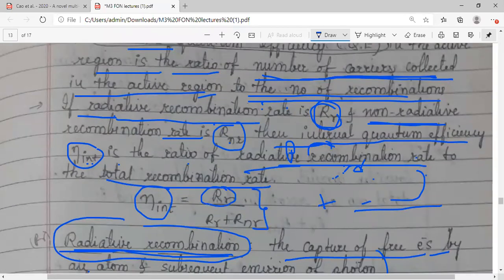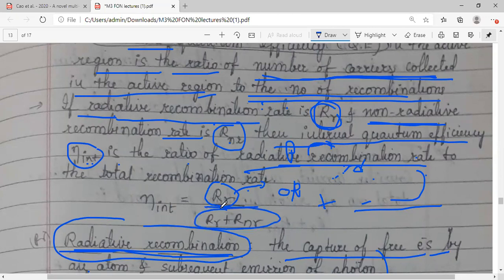How many recombinations are taking place in the active region and how many are emitting photons, how much light is emitted, that is your output. Light is the output divided by the total, which may be light or heat. So that is the denominator. The radiative recombination rate in the numerator divided by the total recombination rate: output by input gives the internal quantum efficiency.